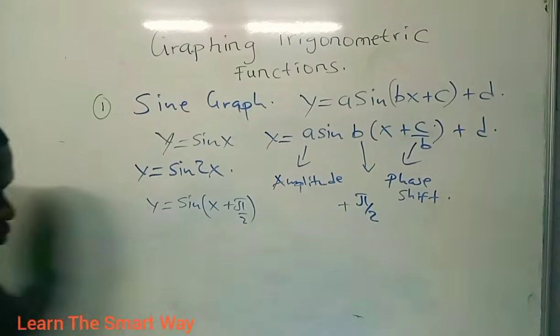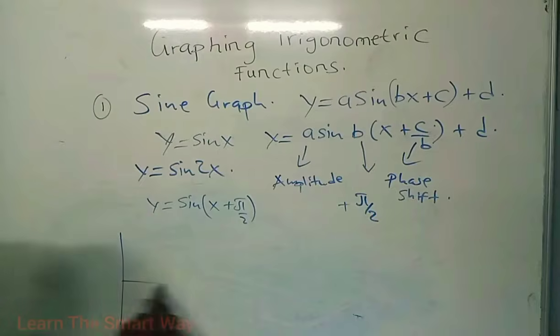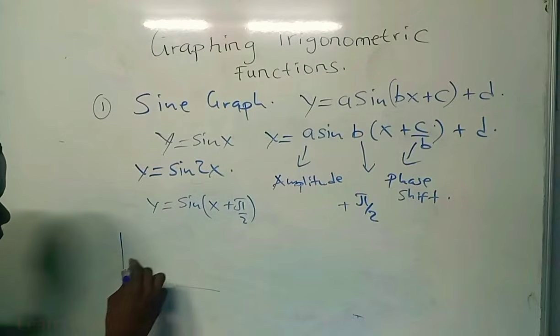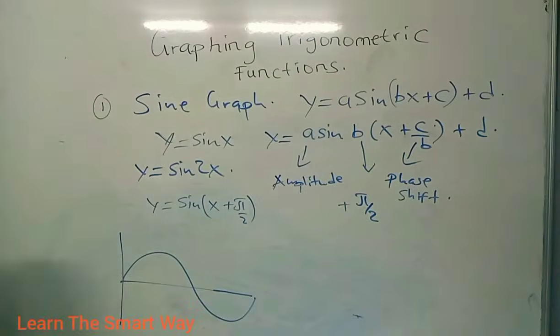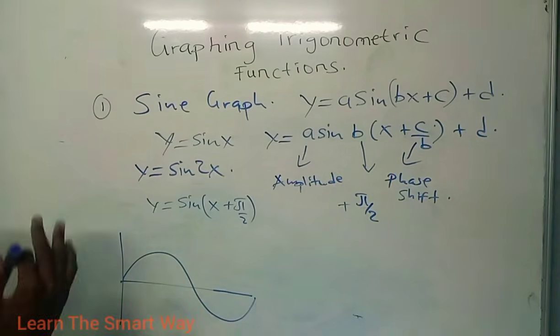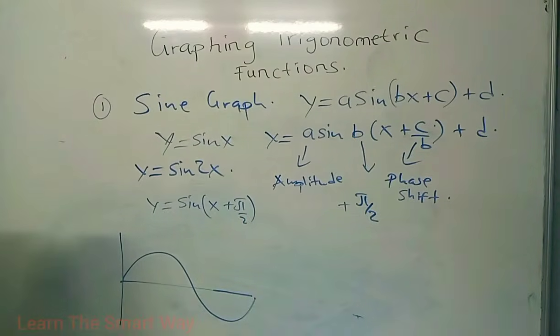So like I've mentioned, always start with the basic one and see the effect it's going to cause. Okay, so this is the way the basic one is going to be. Basic one. So of course, as you sketch, identify first of all the period. The period is a very important thing because that's what's going to be at the end there. So in this case, the period is still what?